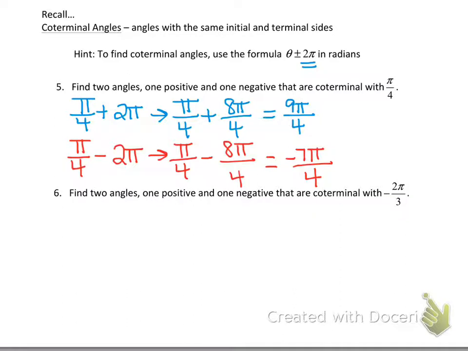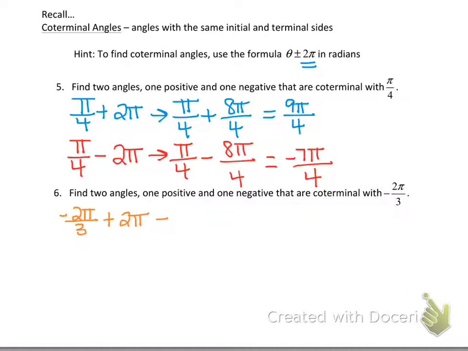Okay, so now I need two angles that are coterminal with negative 2 pi over 3. So I start with negative 2 pi over 3, and I'm going to add 2 pi. So hopefully it makes it positive. If it doesn't, I'll have to add another 2 pi.